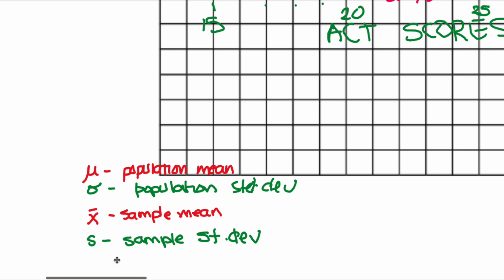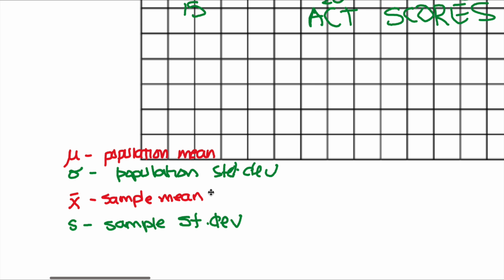In most scenarios we cannot take all of the data from the population, that would be a census, and it takes a lot of effort and energy, and in the real world most of the time we cannot do it. So it's better to just use a sample. That's the reason why we have 2 sets of pairs for means and standard deviations.